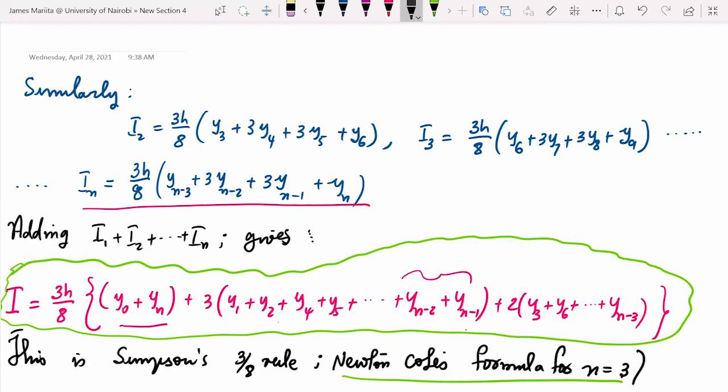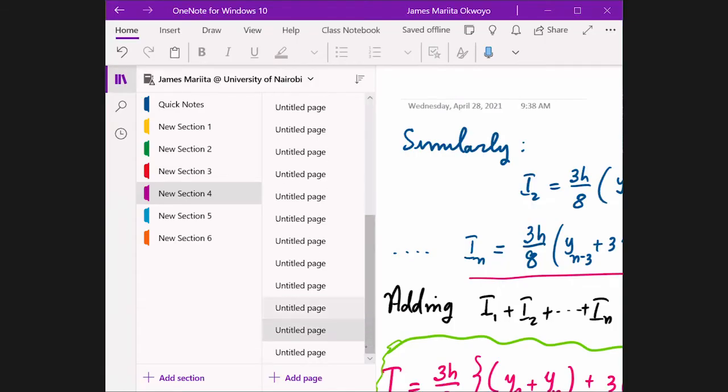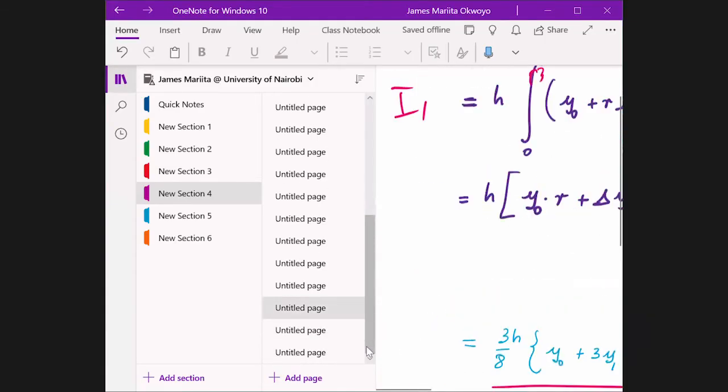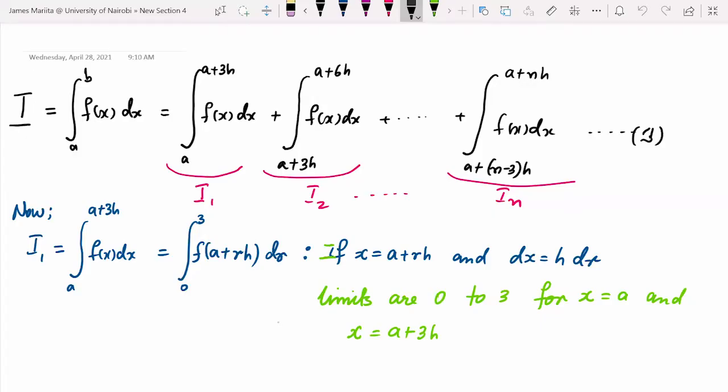What do you mean scrolling down? Another page back? Go back to the previous one at the start of the Newton-Cotes formula for n is equal to 3. Yes? That's what you mean?